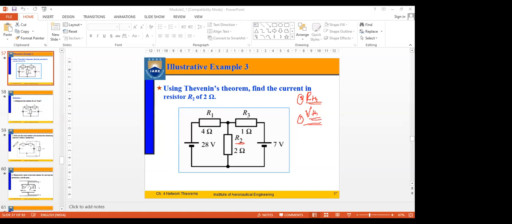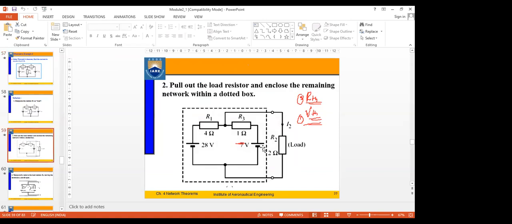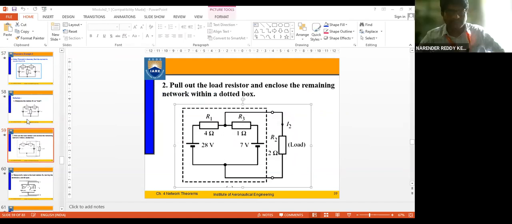So let us redraw the circuit in a different manner like this. What you are trying to do here is eliminate this and bring R2 outside. Both circuits are the same, right?